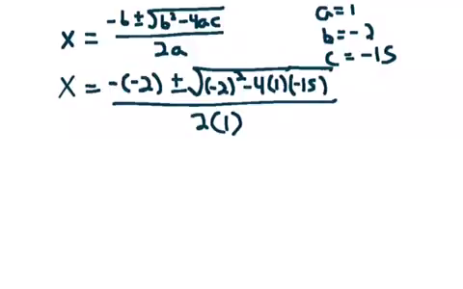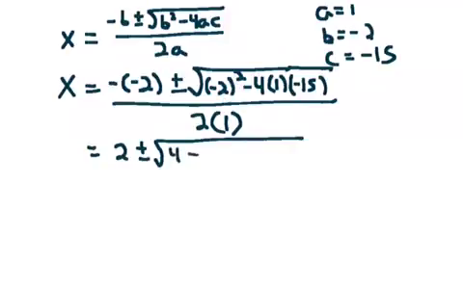So here at the beginning, we've got negative times a negative. That's going to give me a positive, so that's equal to positive 2 plus or minus the square root, negative 2 squared. Now, negative 2 times negative 2, that's going to give me positive 4.